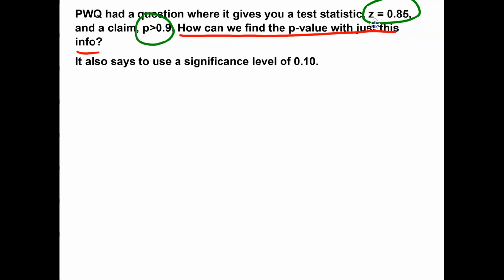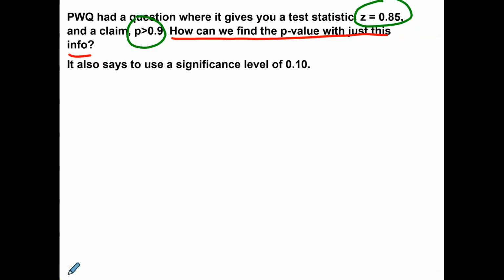We are given the z-statistic. Remember, we always want to draw a picture just to help us visualize. So we're going to draw a picture of a normal distribution, and the z-statistic is 0.85. The z-statistic is positive. It's right here.